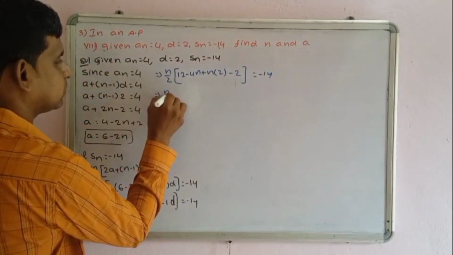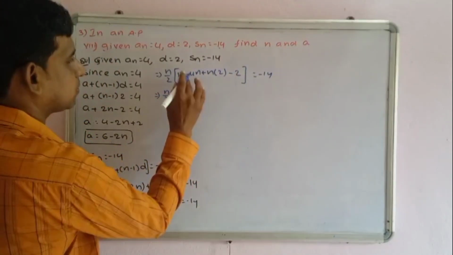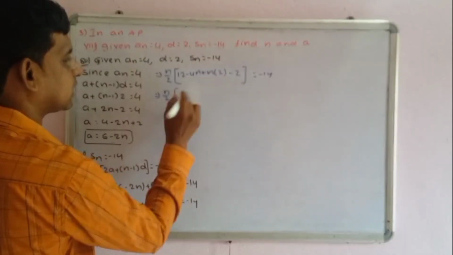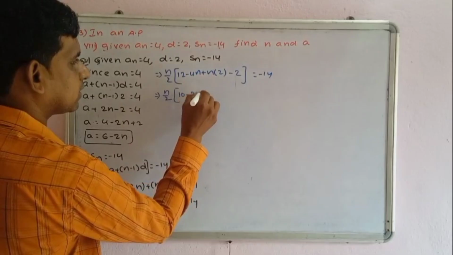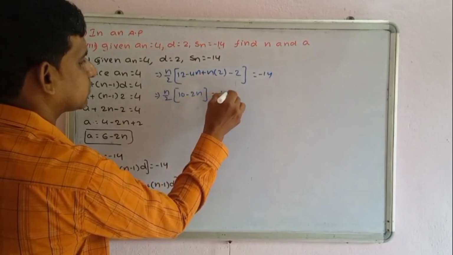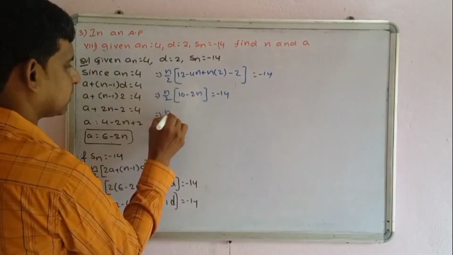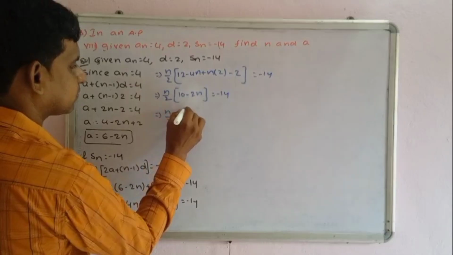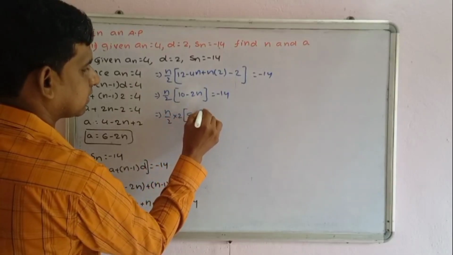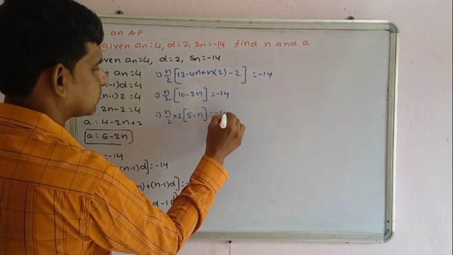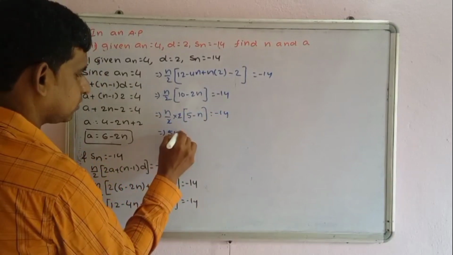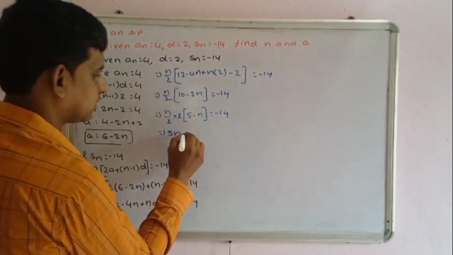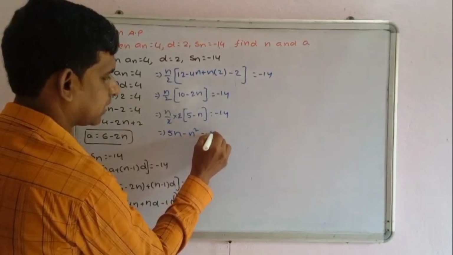So n by 2, 12 minus 14, 12 minus 14 is 10, minus 4n plus 2n is minus 2n equals minus 14. Take 2 as common: n by 2 into (5 minus n) equals minus 14. Here the 2 gets cancelled. n times 5 is 5n, n times n is n square, equals minus 14.